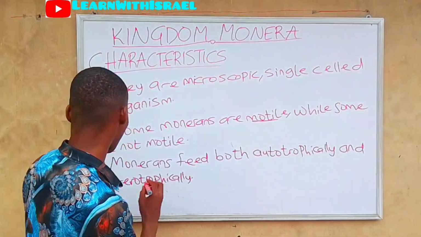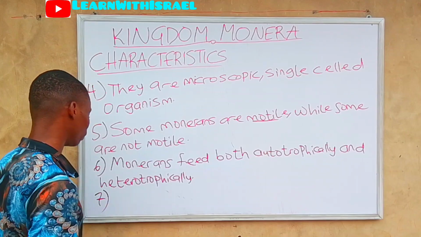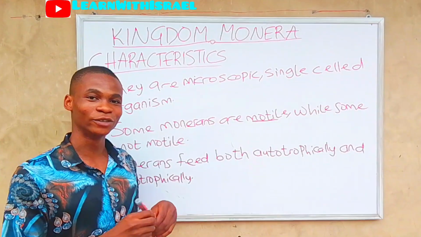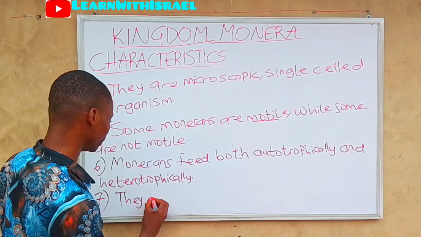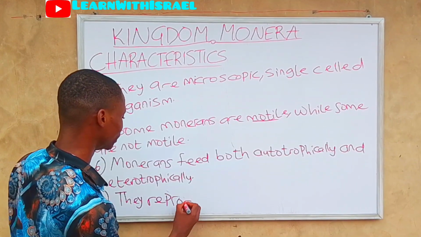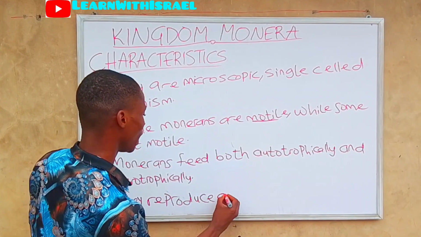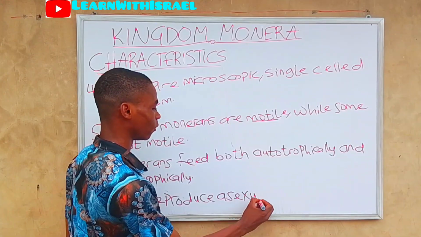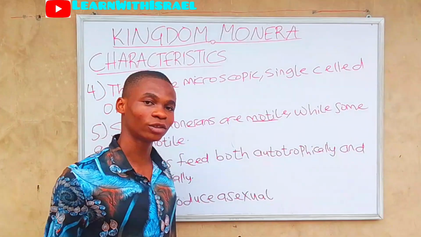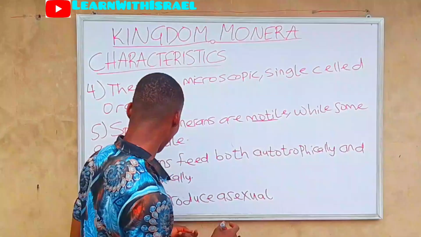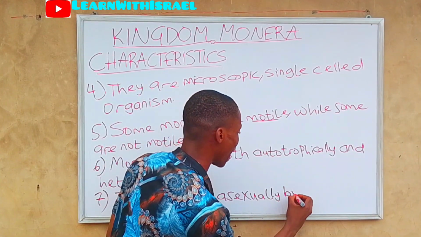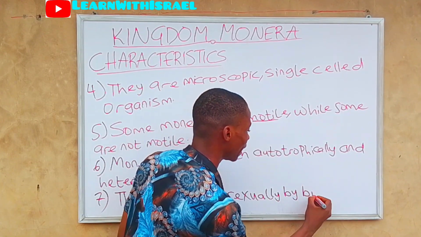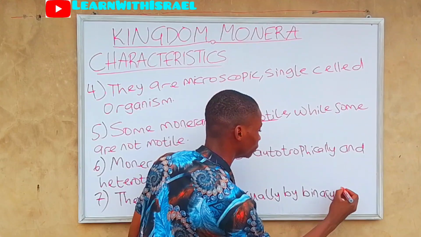So now let's move to the last characteristic we'll be talking about today. It is very important to note it, which is they reproduce asexually. Monerans reproduce asexually. I hope you are aware of the types of reproduction, the sexual reproduction and the asexual reproduction. So Monerans reproduce asexually by binary fission.